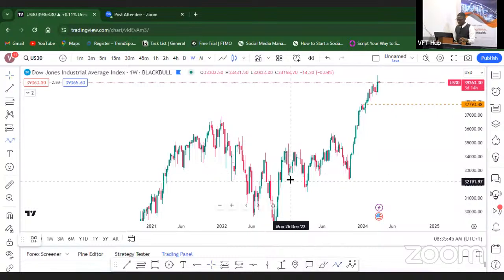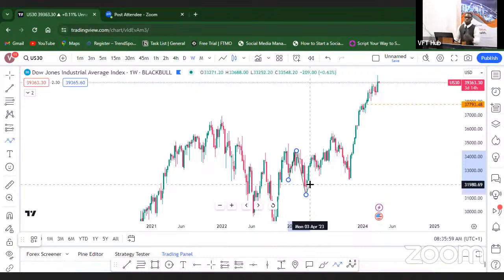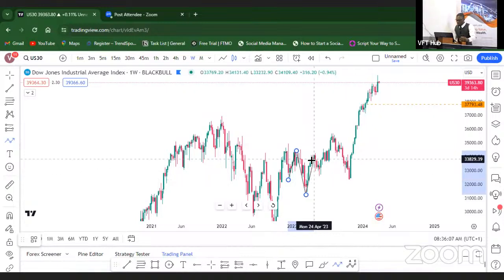We saw a sweep of this level, so this gives us the confidence that this level is probably going to hold. That's the first pillar of the entire framework of the model. We want to see a clear sweep. If you don't see a sweep, you're not taking the trade. So we saw a sweep here, and then what did the market do?